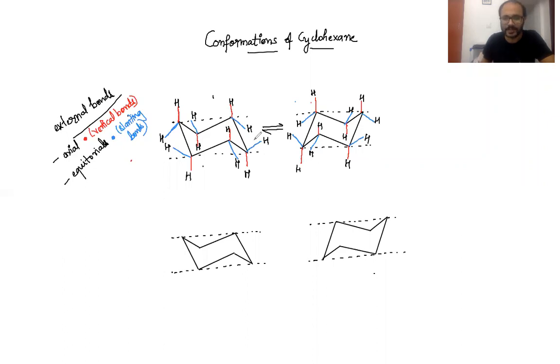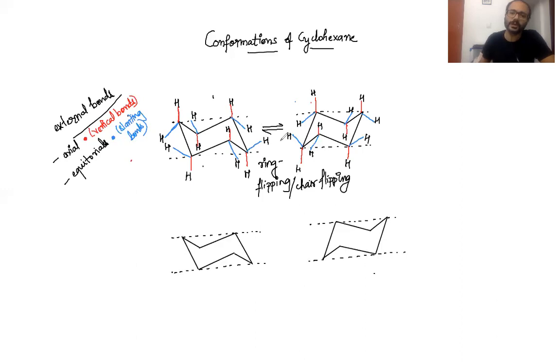So basically, this movement from this particular conformation to this conformation is nothing but ring flipping. This is called ring flipping, or they are also called chair flipping.